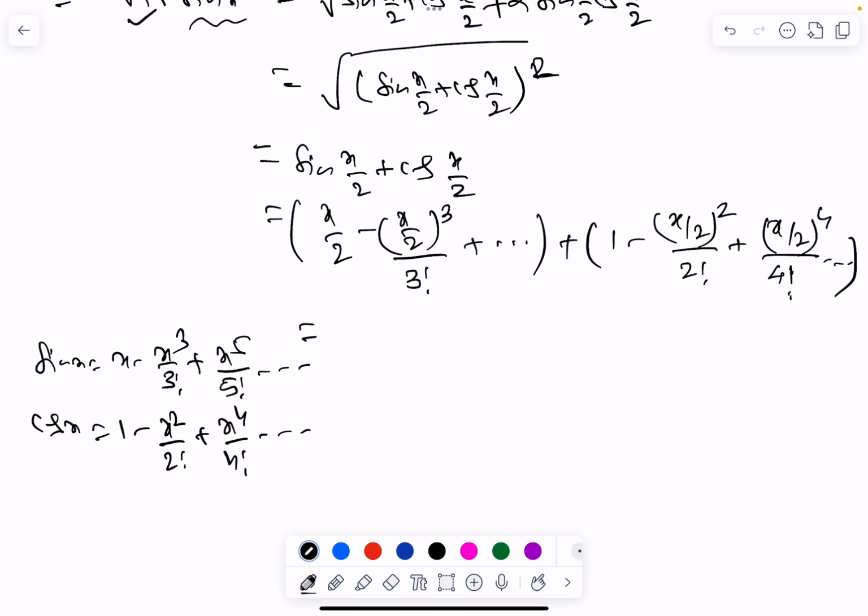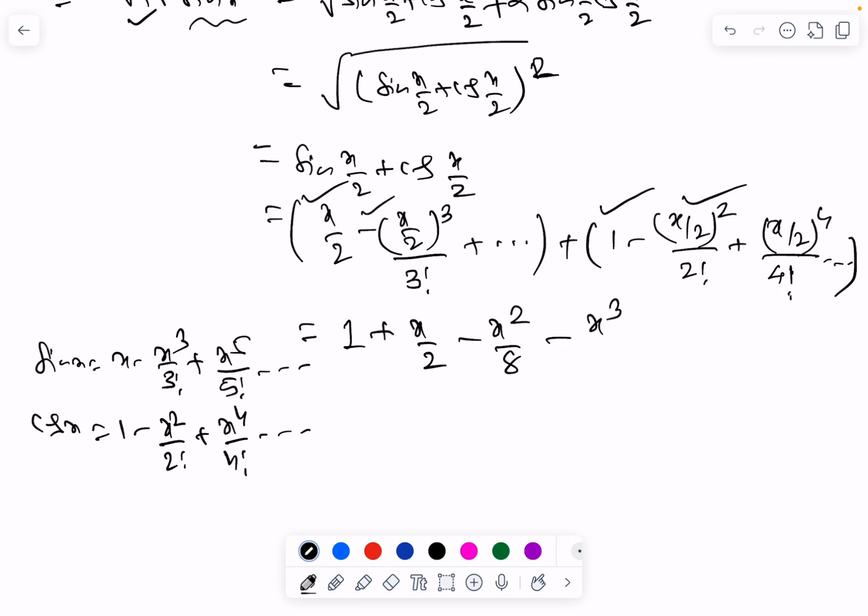So now this is equal to 1 here, then x by 2, then here x square by 4 and 2 here, so minus x square by 8, then this is minus x cube.